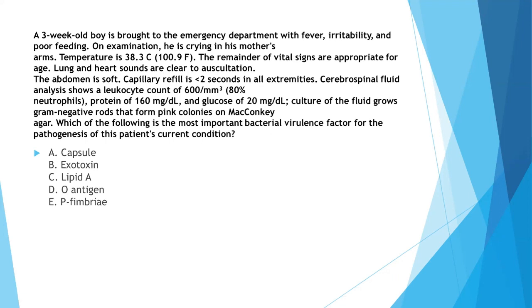Capillary refill time is less than 2 seconds in all extremities. CSF analysis shows a leukocyte count of 600, protein of 160, and glucose of 20. Culture of the fluid grows gram-negative rods that form pink colonies on MacConkey agar. Which of the following is the most important bacterial virulence factor for the pathogenesis of this patient's current condition? Capsule, exotoxin, lipid A, O antigen, or P fimbriae.